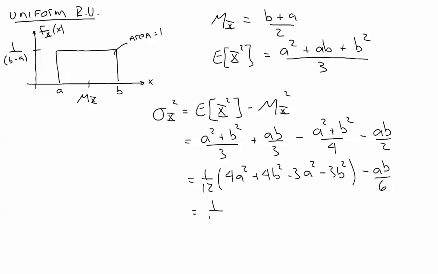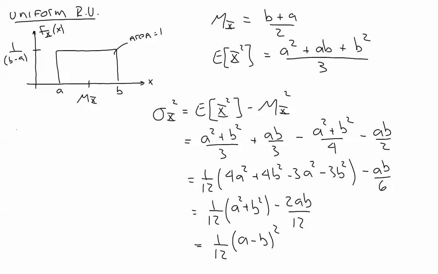This is 1/12 a squared plus b squared minus 2ab over 12. And my final result after all of this is 1/12 a minus b squared. You check my math. Okay? All right.